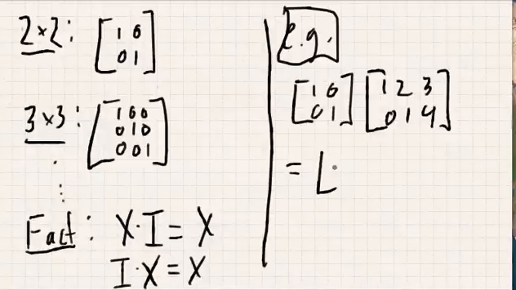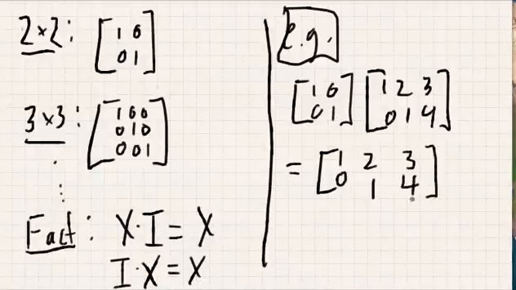What do I get here? 1 times 1 plus 0 times 0 gives me 1. 1 times 2 plus 0 times 1 gives me 2 plus 0, so that's 2. 1 times 3 plus 0 times 4, that's 3 plus 0, that's 3. On the bottom I get 0 times 1, which is 0, plus 1 times 0, which is 0. Right here I get 0 times 2 is 0, plus 1 times 1 is 1. And over here I get 0 times 3 is 0, and 1 times 4 is 4, so I get that.